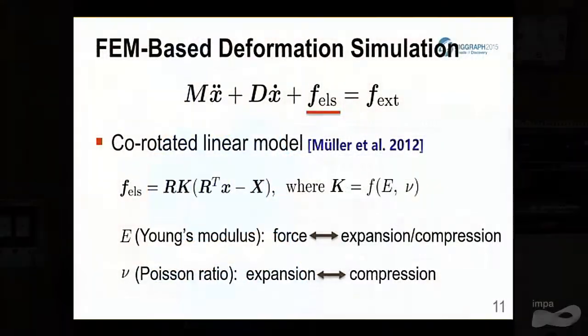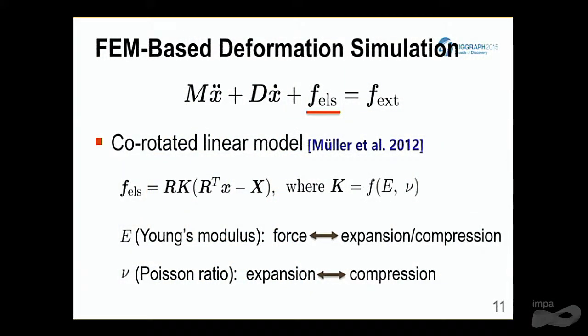So the corotation gives us a matrix R, which is the rotation matrix to ensure that the elements rotate together.